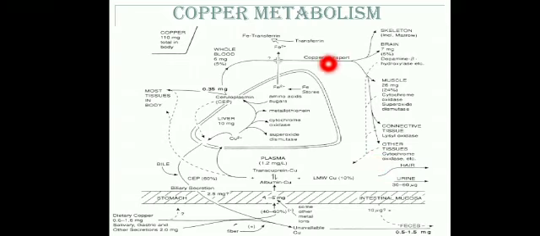And the other name of ceruloplasmin is peroxidase, which has a peroxidase activity. That is, it oxidizes ferrous into the ferric form, which is then bound to transferrin, and gets transported in the whole blood into the bone marrow cells for incorporation into the RBC. Hence it also has an important role in RBC production as well.